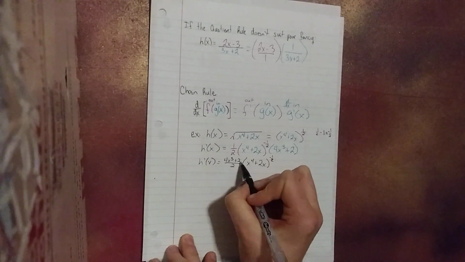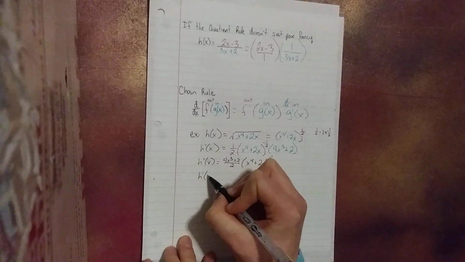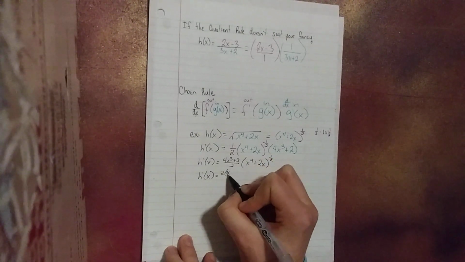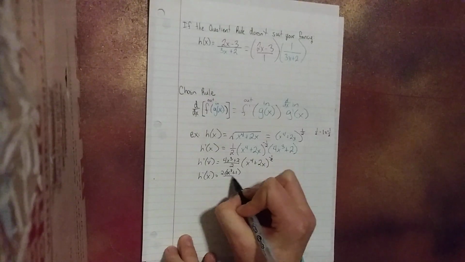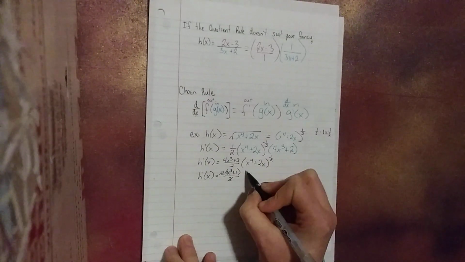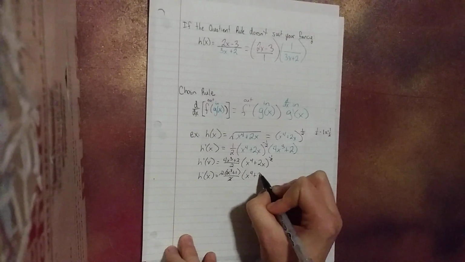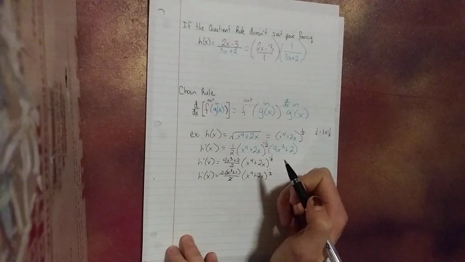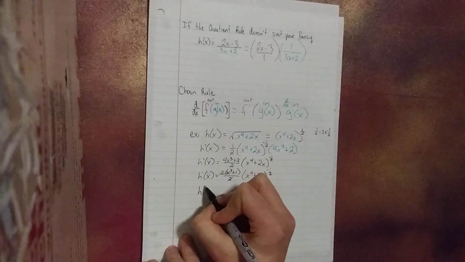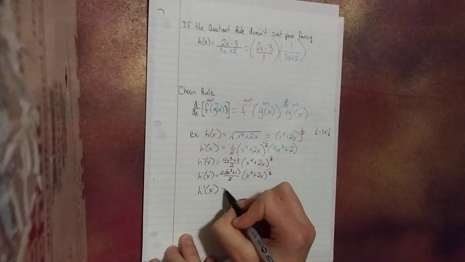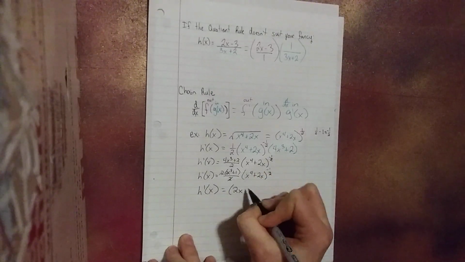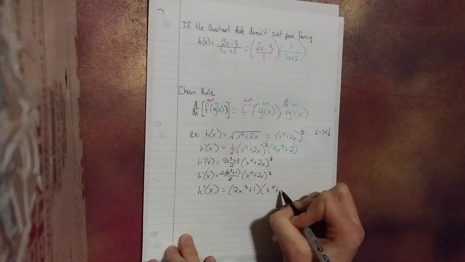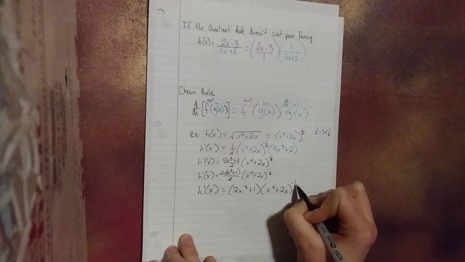And I'm going to pull out a 2 from here. h prime of x is 2x to the third plus 1 over 2, these cancel out, times x to the fourth plus 2x to the negative 1/2. And then h prime of x is equal to 2x to the third plus 1 times x to the fourth plus 2x to the negative 1/2.